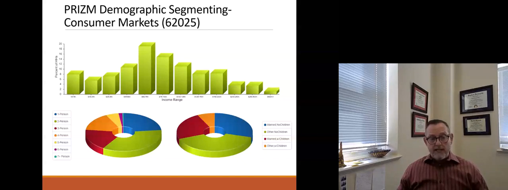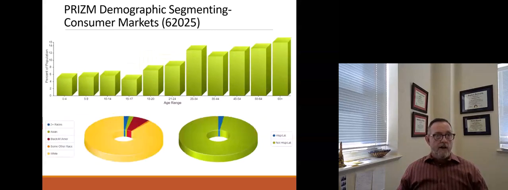Marital status or relational status is another piece you can come up with. Age ranges, ethnicity, and all kinds of things like that will pop up by zip code, but also by profile as well.